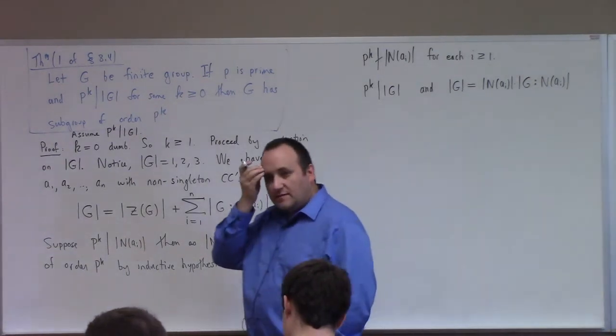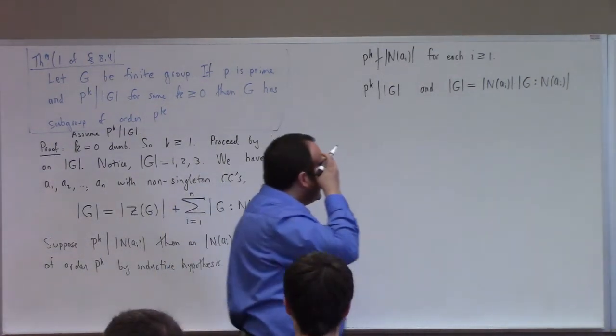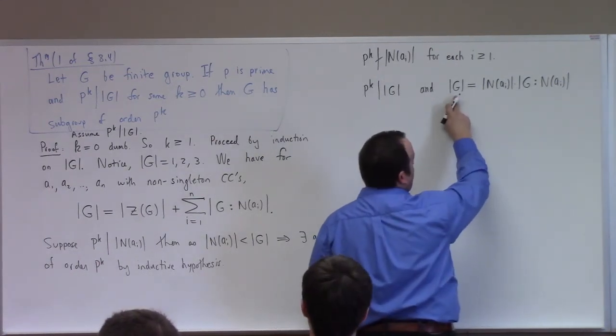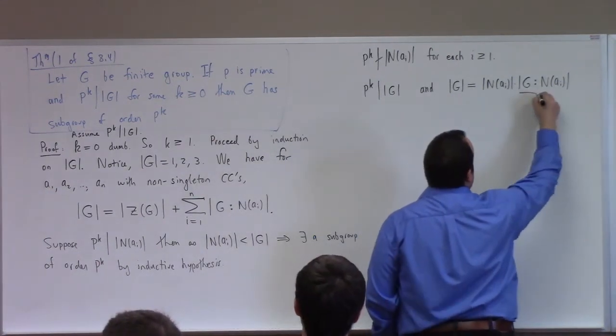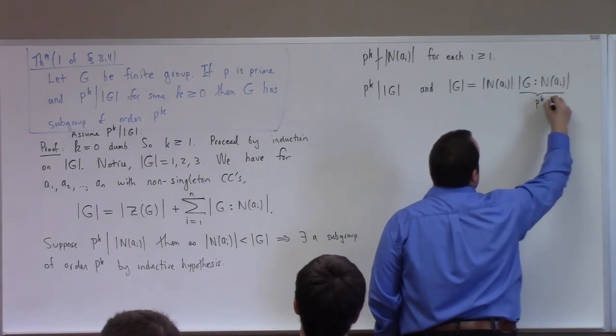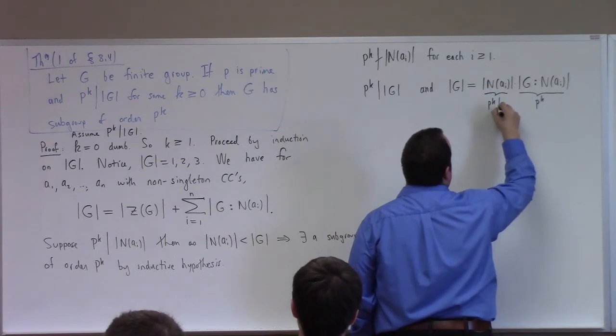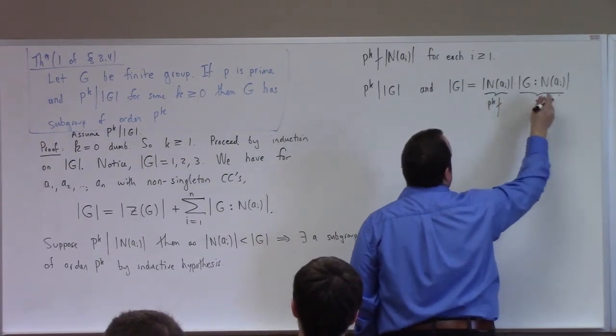So what's that say? Just think about primes. What does it mean if p to the k divides this, but p to the k does not divide this?